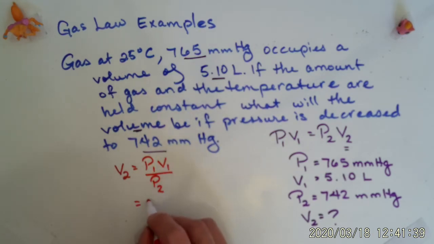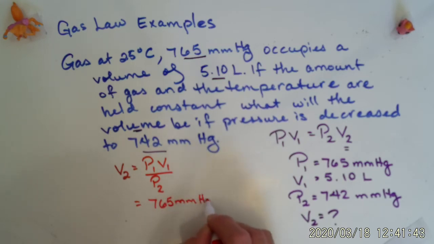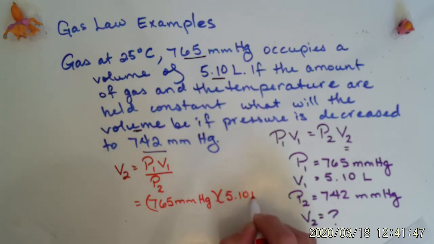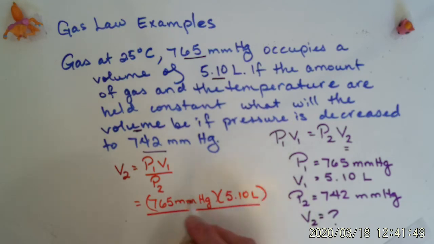That's the same as saying 765 millimeters mercury times 5.10 liters divided by 742 millimeters mercury. And so what we get is 765 times 5.10 divided by 742.